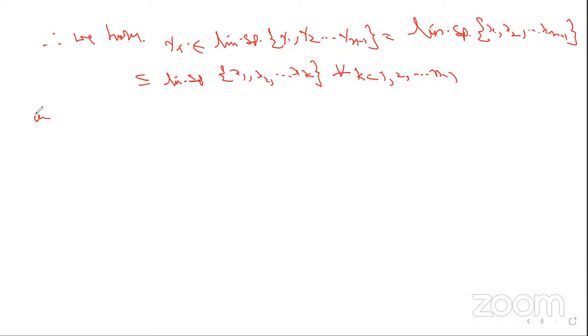And here yn equals zn divided by the norm zn, that equals 1 by norm zn.